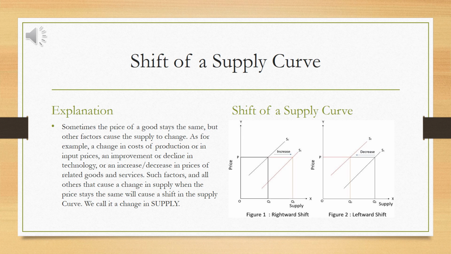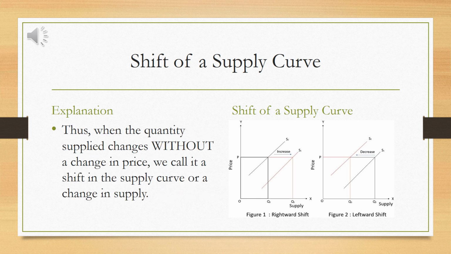Such factors and all others that cause a change in supply when the price stays the same will cause a shift in the supply curve. We call it a change in supply. Thus, when the quantity supplied changes without a change in price, we call it a shift in the supply curve or a change in supply.